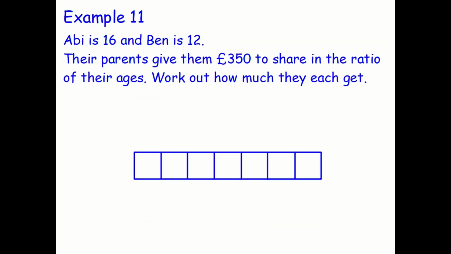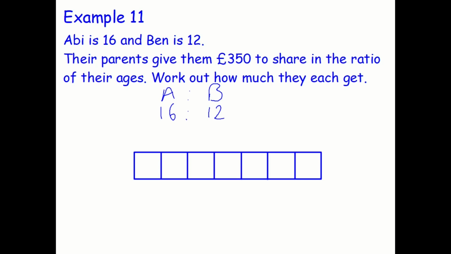One more example. Abby is 16 and Ben is 12. Their parents give them £350 to share in the ratio of their ages. Work out how much they each get, okay? So if Abby is 16, so Abby to Ben is 16 to 12. The key in this question is to simplify the ratio first, okay?